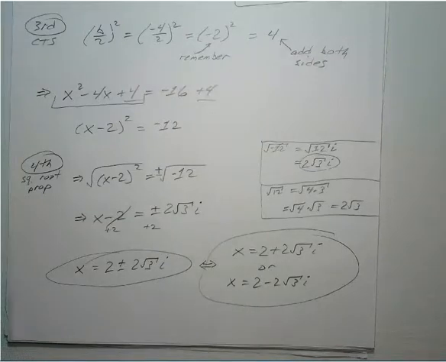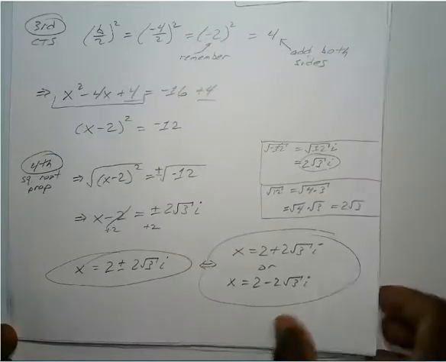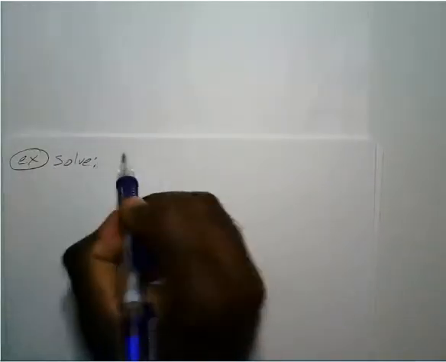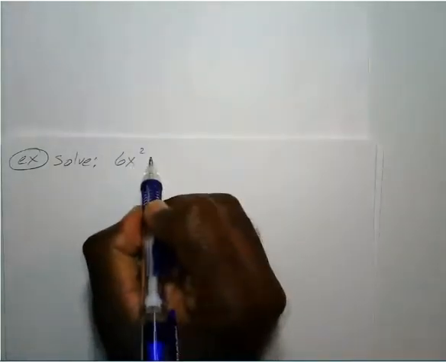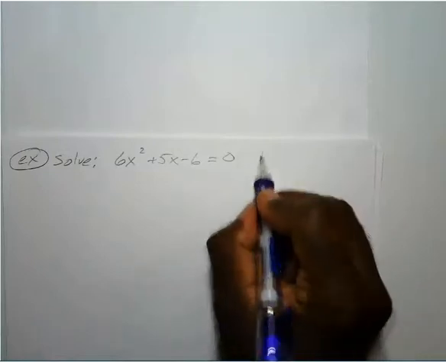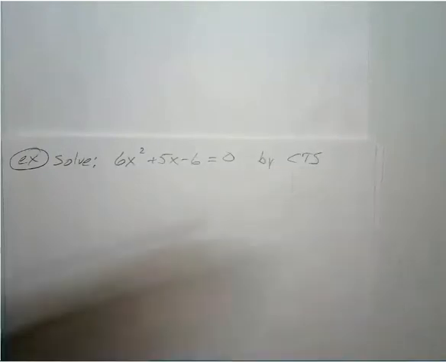All right, so let's go ahead to our next example. All right, so let's say, for example, we want to solve 6x squared plus 5x minus 6 equals 0 by completing the square.